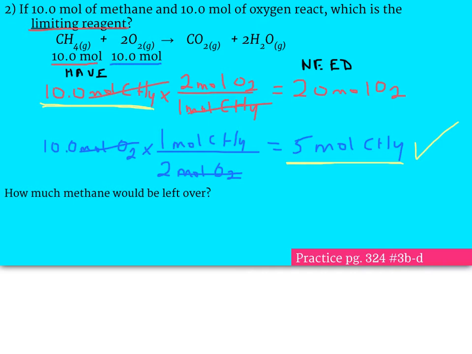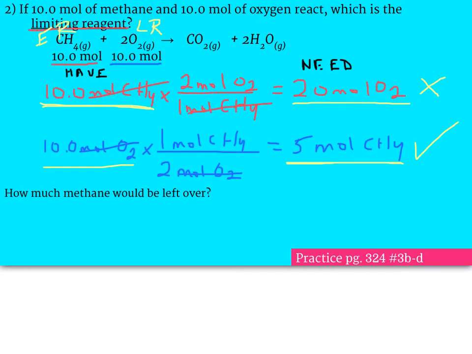The alternative, I can say, I know I'm going to need 20 moles of oxygen, and I have 10 moles of oxygen, which means I do not have enough. Whichever one you don't have enough of is going to be your limiting reactant or reagent. So over here on top of my chemical equation, I will write down that's my limiting reactant, and this one is my excess reactant.